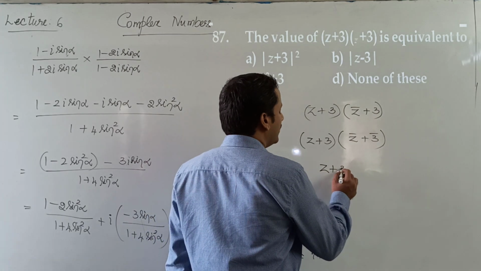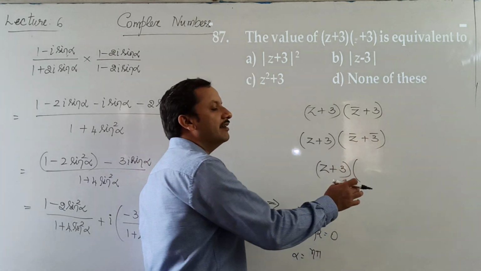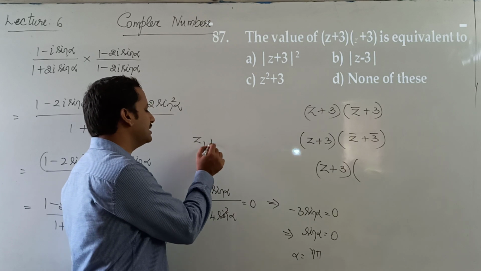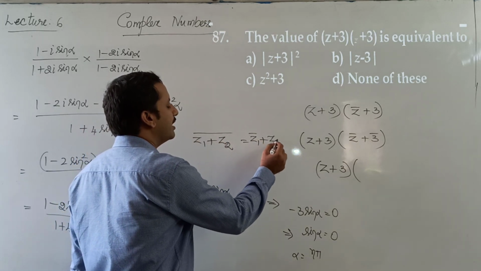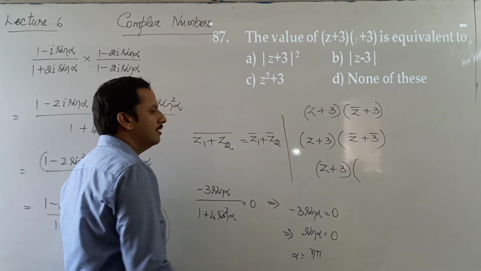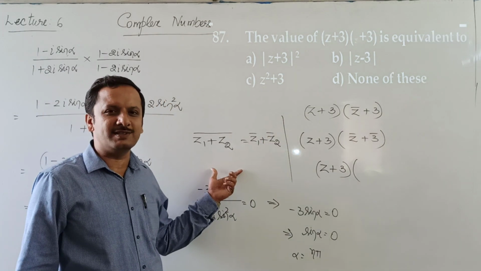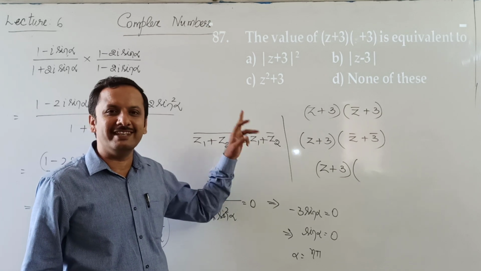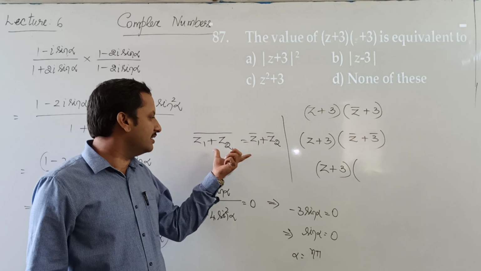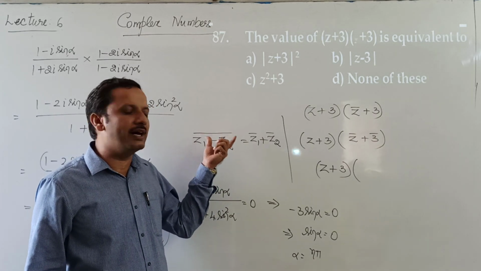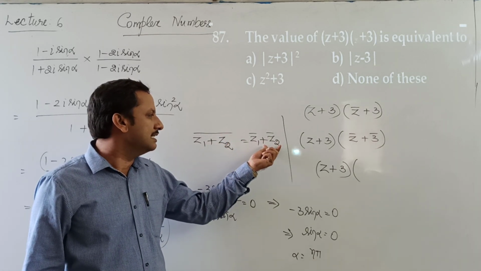Then together we know one formula, z1 plus z2 whole bar is equal to z1 bar plus z2 bar. Do you remember this formula? Yes, you must, because I made one mistake there in that first video. I wrote it as z1 bar into z2 bar. But actually the formula is z1 plus z2 whole bar is equal to z1 bar plus z2 bar.